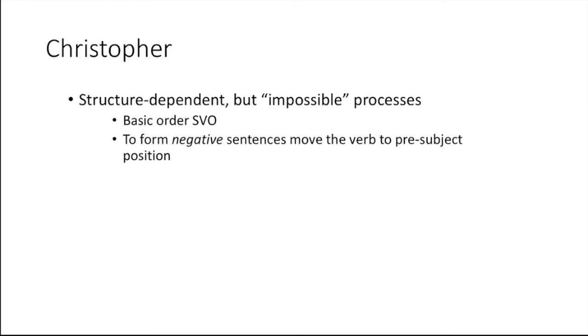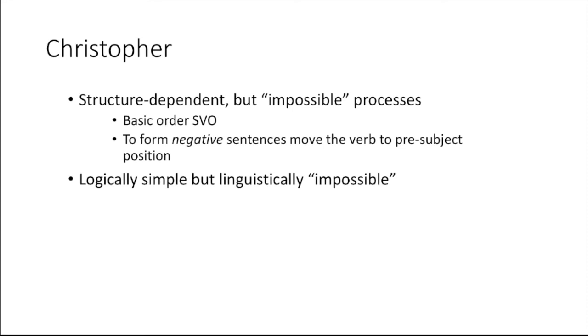Well, it's impossible because in no language is negation marked only by word order. You always have to add a morpheme, such as no, or niet, or whichever morpheme it is, right? It never works just by movement. And so these are logically simple and easy to spot, but they are linguistically impossible.